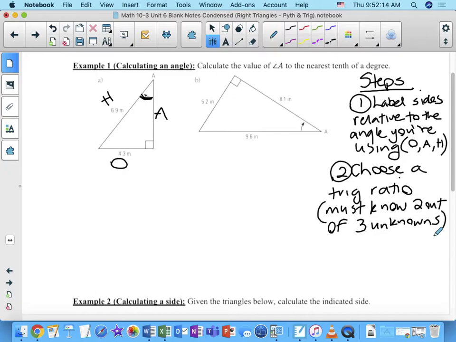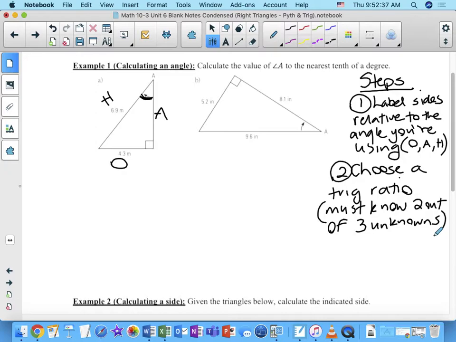Each equation has 3 unknowns, 1 angle, 2 sides. What we don't know is the angle. What do we need to know to be able to solve? The 2 sides, yeah. We need to know the 2 sides, exactly.